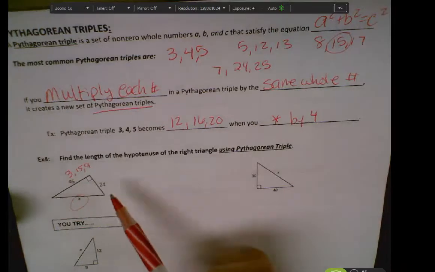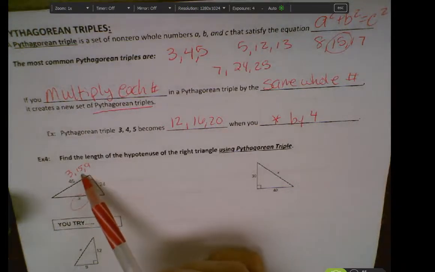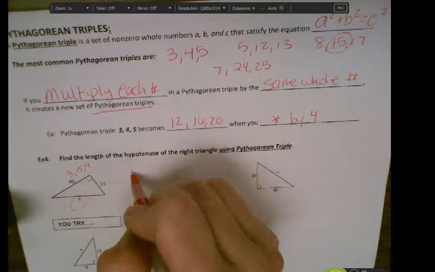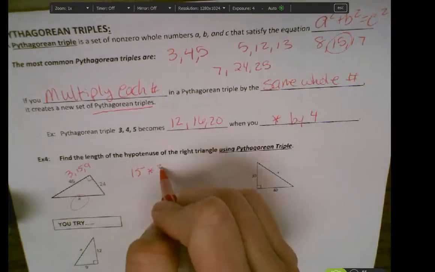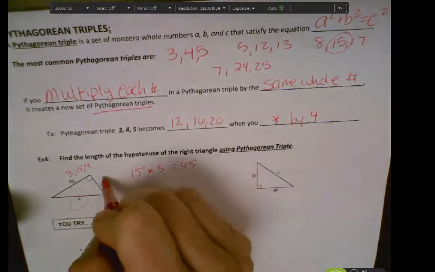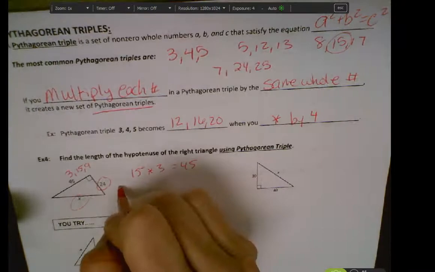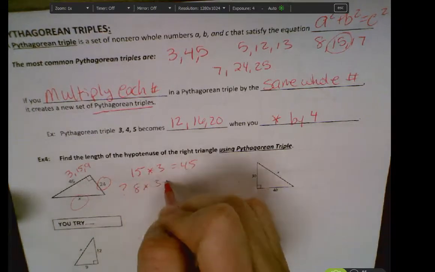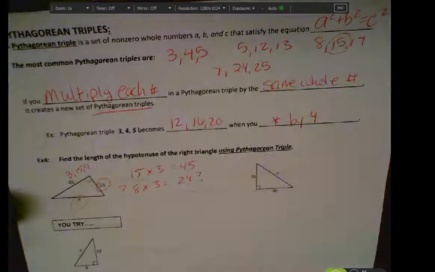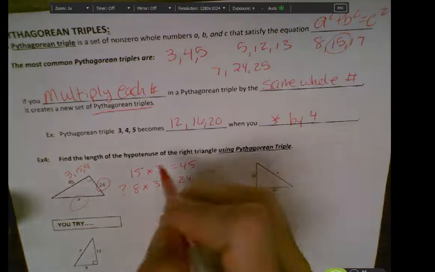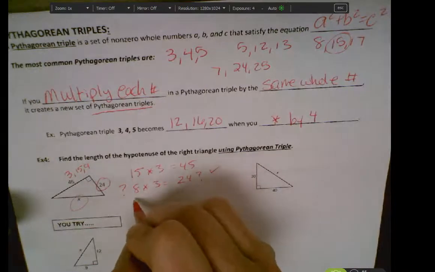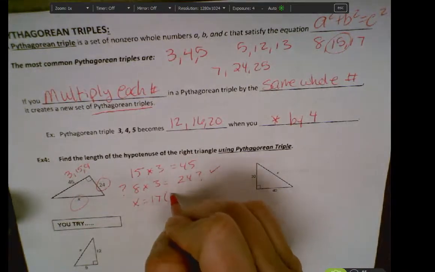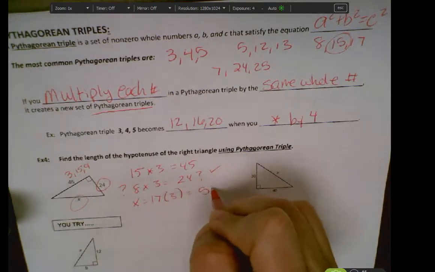So I must have multiplied 15 by 3 to get 45. I can check to see if I multiplied 8 times 3 equals 24. That is true. So I know that x must be 17 times 3, which is 51.